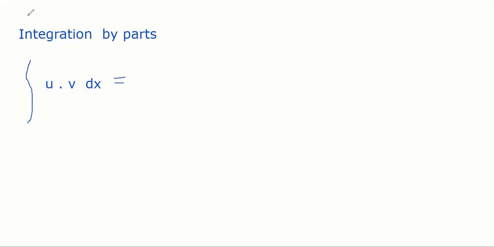Let me write with the keyboard. First function u as it is, into the integration of the second function, so u into integration of second function, minus integration of, now understand the important point, minus integration of, and now you will do the differentiation of the first function, du by dx.